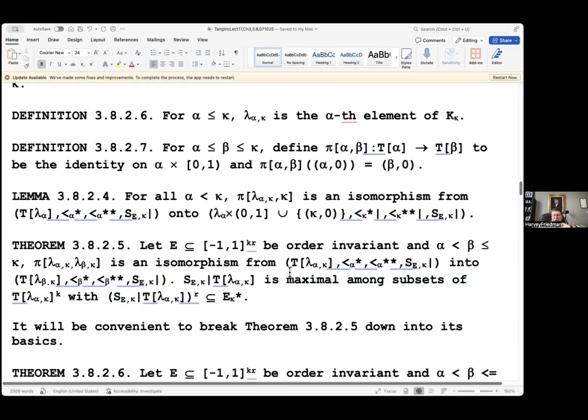In essence, you'll see that this means that the maximum of tuples don't count. If the maximum of a tuple is an indiscernible, you can move it to another one. That's what this is more or less saying.